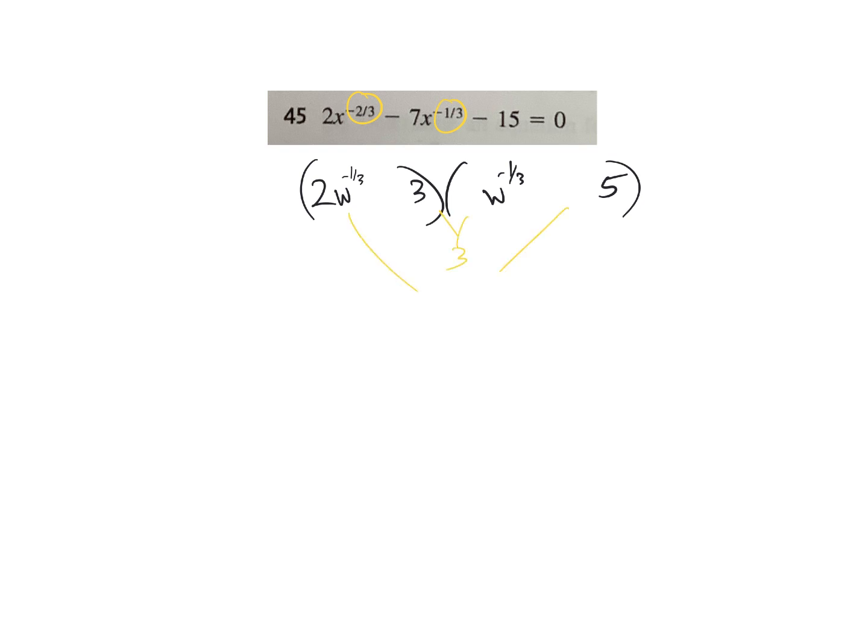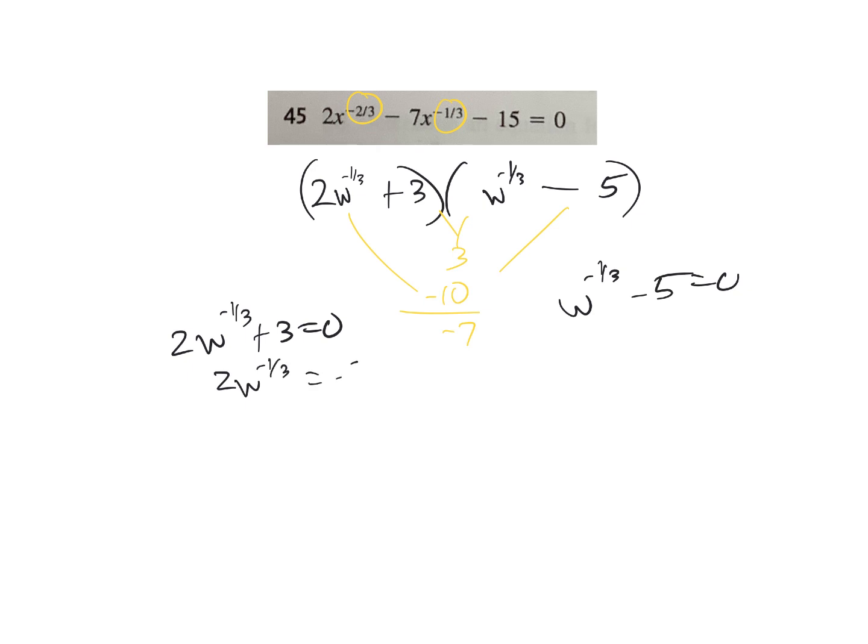That's 3, that's 10. We got to get a -7, so that means 10 must be negative. All right, so that means the 5 is negative and the 3 must be positive. So solve them separately. And w to the -1/3 minus 5 is equal to 0. So subtract the 3 and divide off the 2.